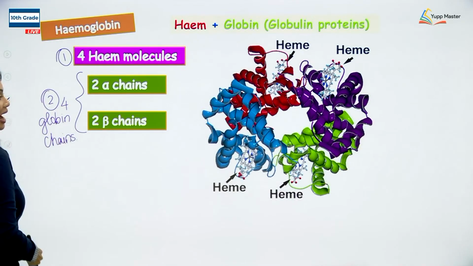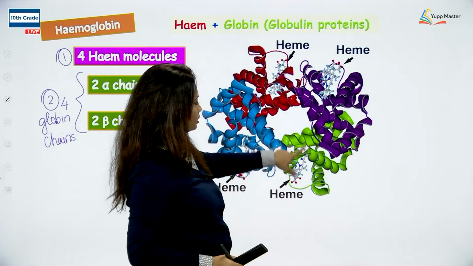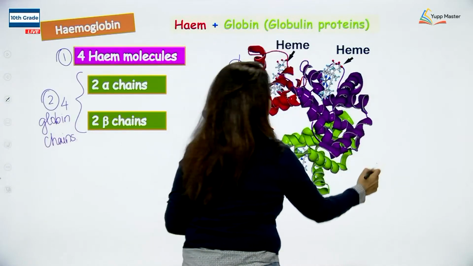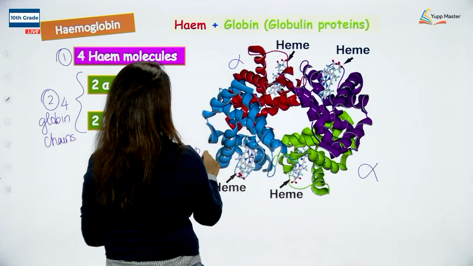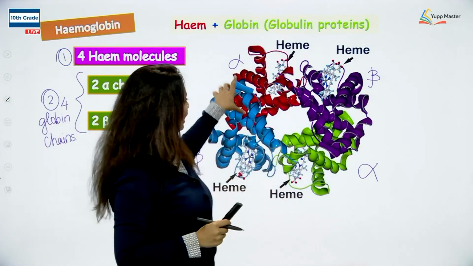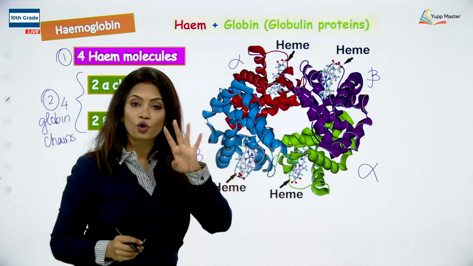Now out of these, these can be considered as our 2 alpha chains, alpha and alpha. These 2, the blue one and the purple one, are the beta chains. So over here we have 1, 2, 3 and 4 globulin chains.